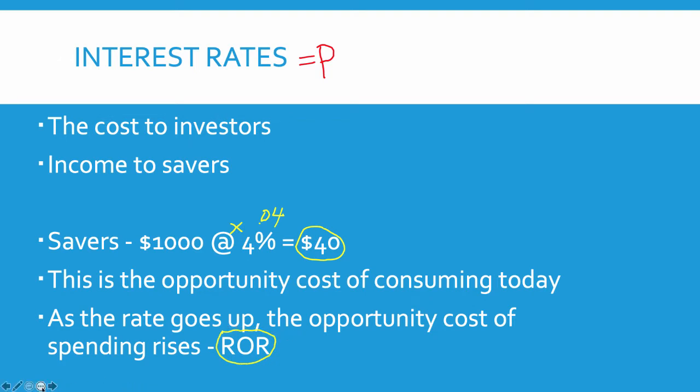The rate of return just tells you what you earn when you save that money. And so the rate of interest is the rate of return, what you get back for saving. So that's kind of the basics of interest rates.